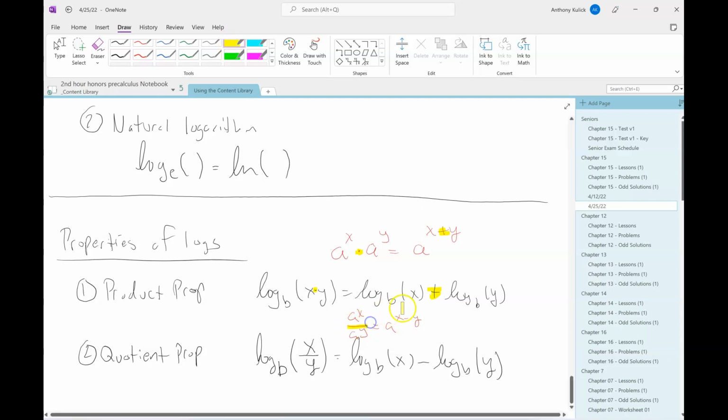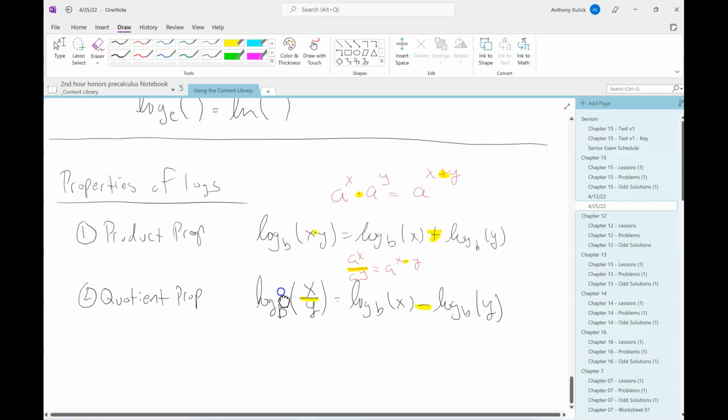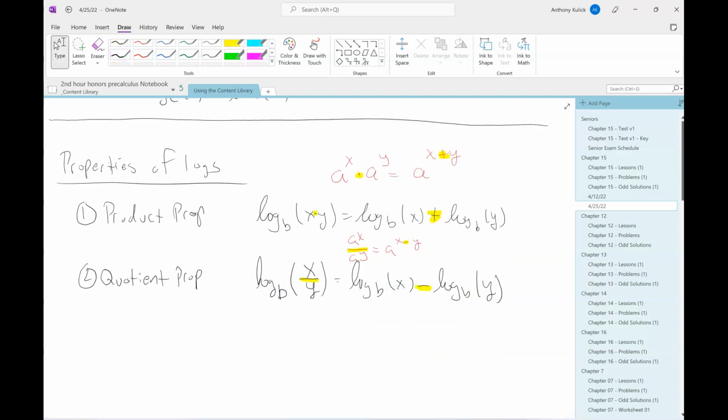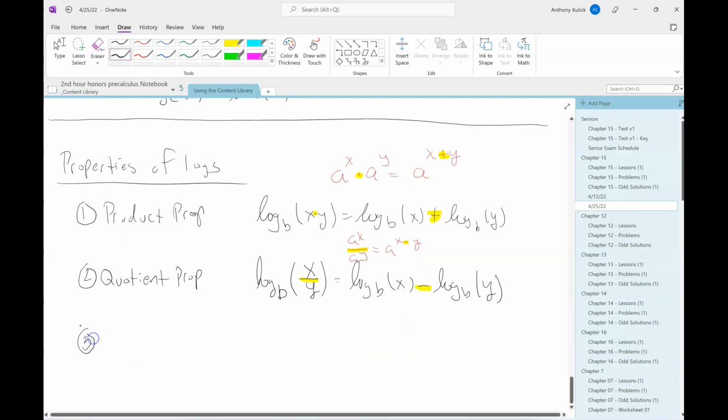We see the division outside the exponential turns into subtraction inside the exponential. The reverse is true for the logarithm. Division inside the logarithm turns into subtraction outside the logarithm. That seems reasonable. Certainly expected: if multiplication turns into addition, division would turn into subtraction. That's not surprising at all.